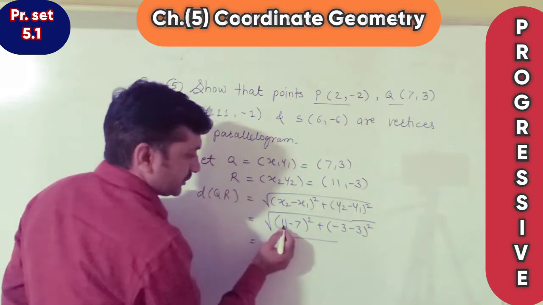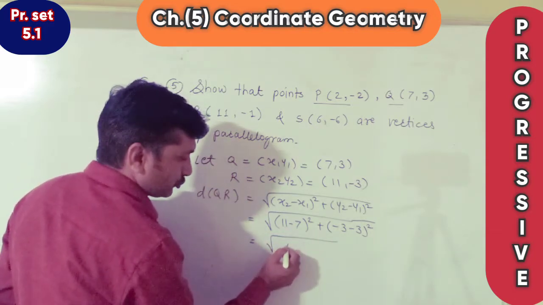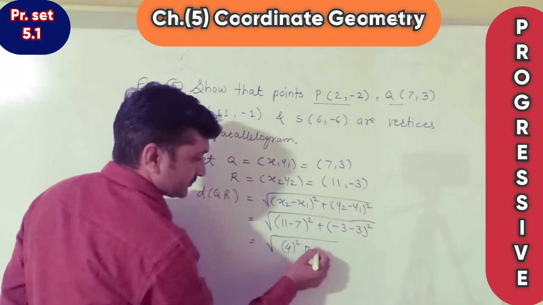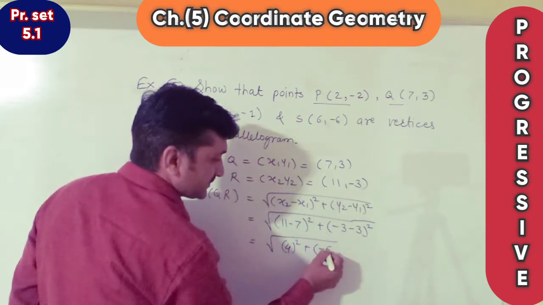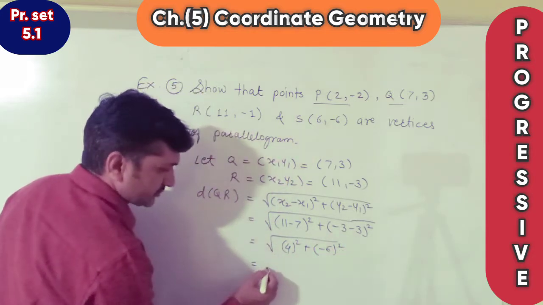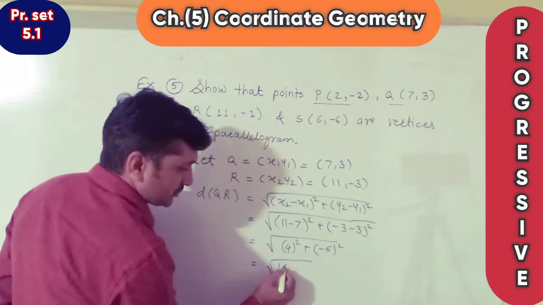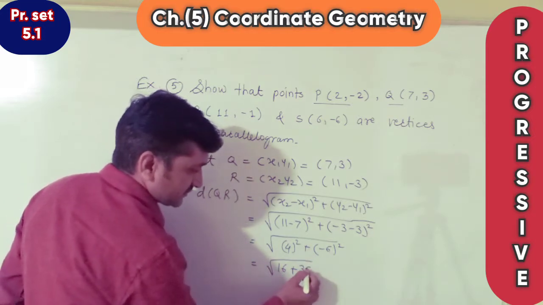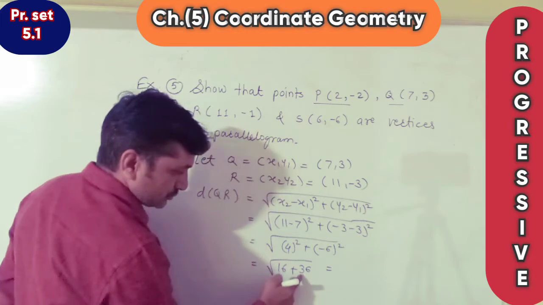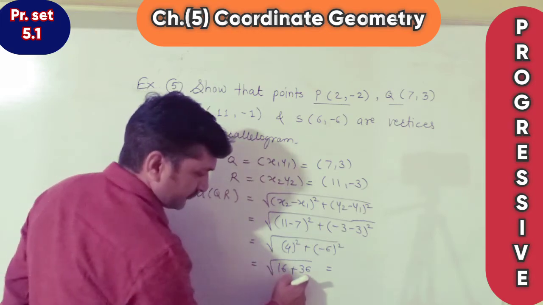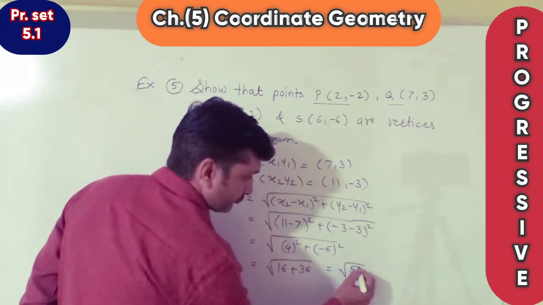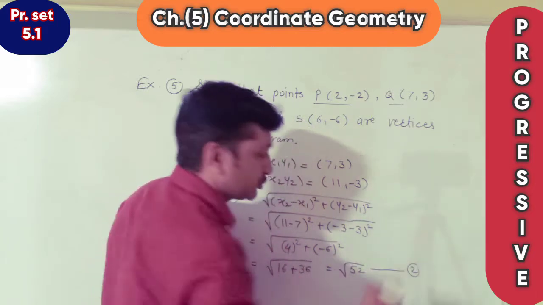Square root of (11 minus 7) squared plus (-3 minus 3) squared, which is the square root of 4 squared plus (-6) squared, equal to the square root of 16 plus 36, addition 52. Square root of 52 is number 2.